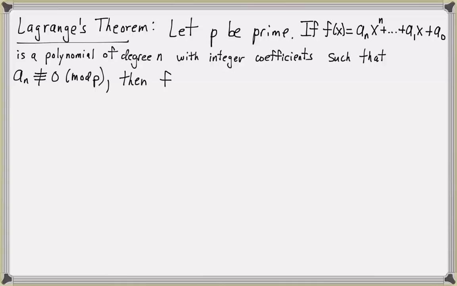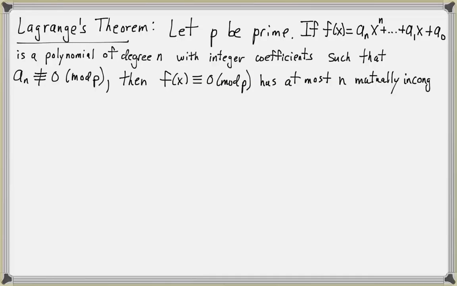then the polynomial congruence f of x congruent to 0 mod p, which is prime, has at most n mutually incongruent solutions mod p.